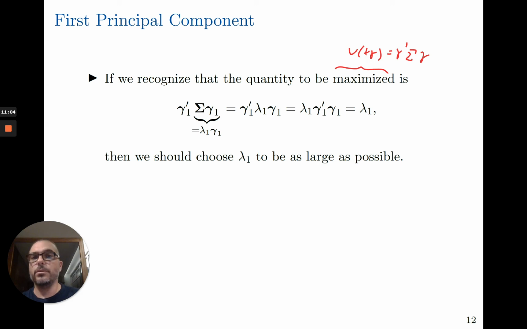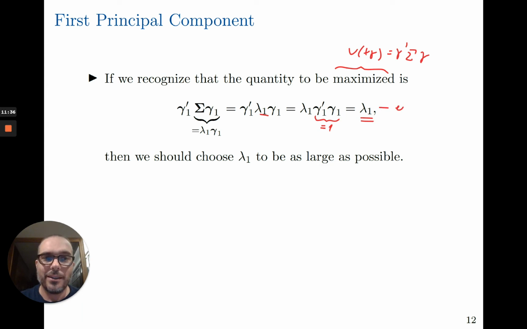So this is equal to gamma 1 prime lambda 1 gamma 1. But lambda 1 is a number, so this is equal to lambda 1 gamma 1 transpose gamma 1. By our restriction, this is equal to 1.